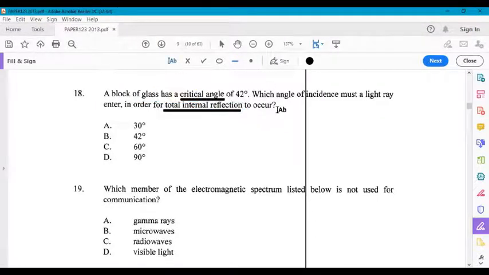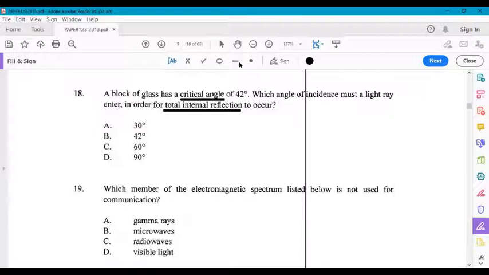Okay, critical angle is the angle of incidence when the angle of refraction is 90. So critical angle is the value of the angle of incidence that will give us an angle of refraction of 90 degrees, okay, which means right along the barrier.